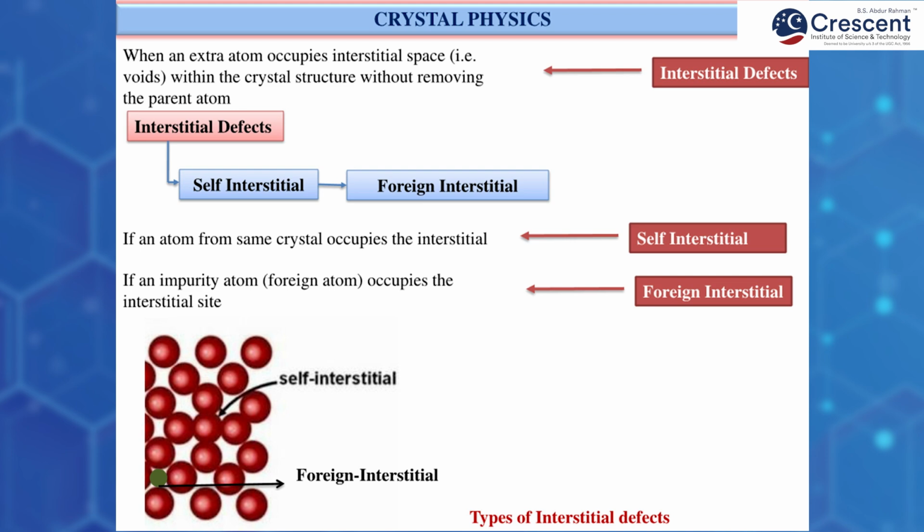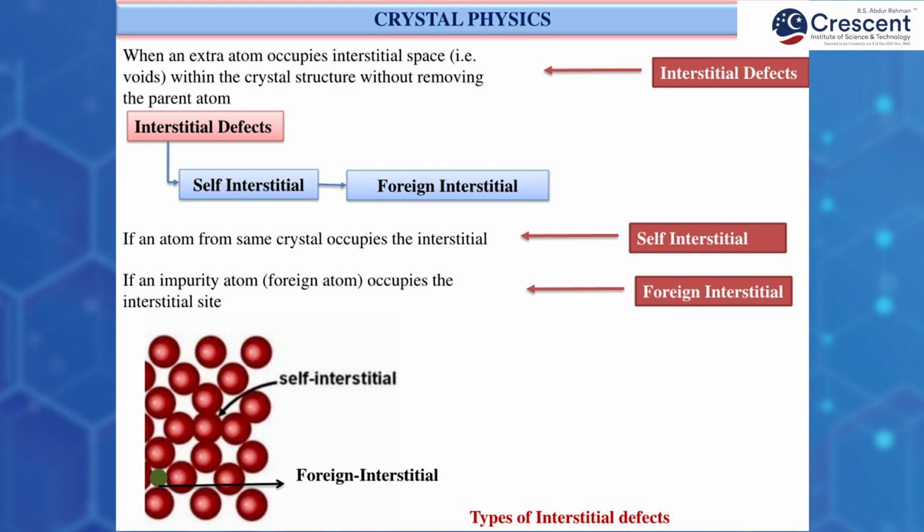So what does it mean? It means there is an impurity or a foreign atom which occupies the interstitial site of the regular crystal structure without disturbing it. The same atom can occupy an interstitial site, which is called self-interstitial, or a foreign atom due to impurity can occupy the interstitial site.